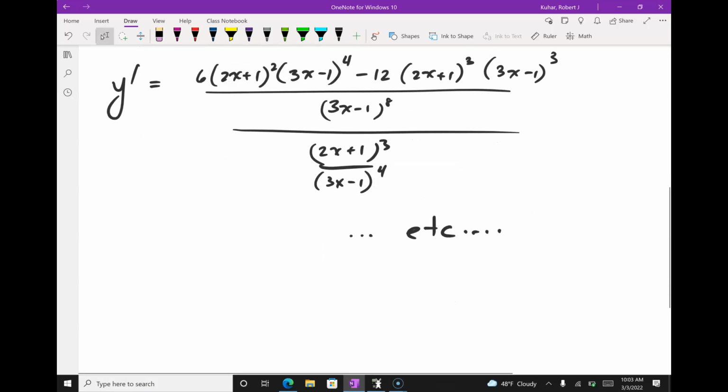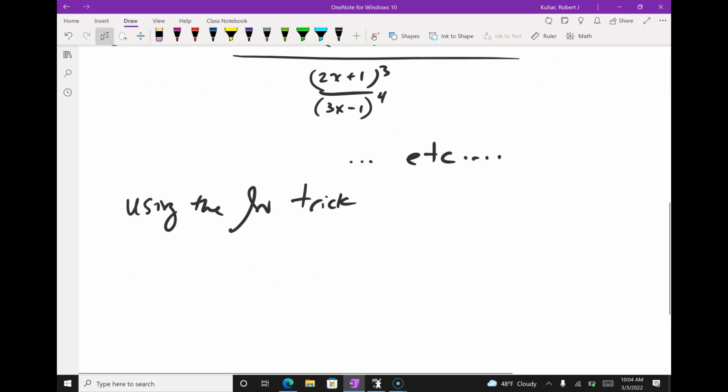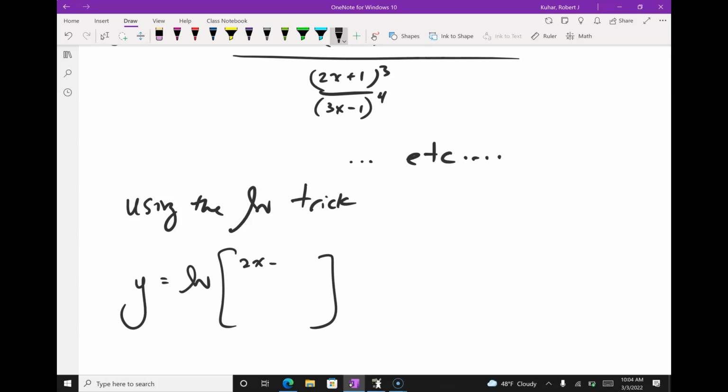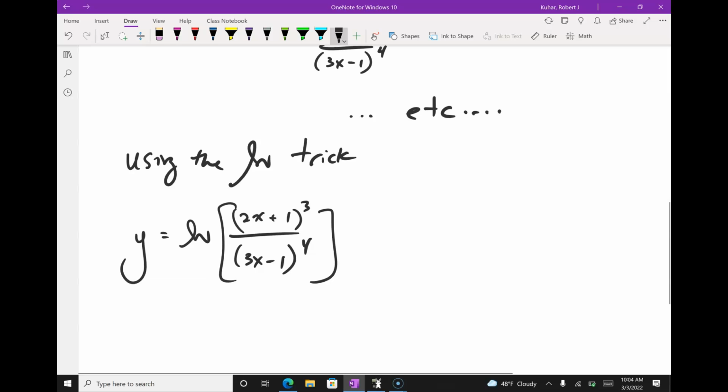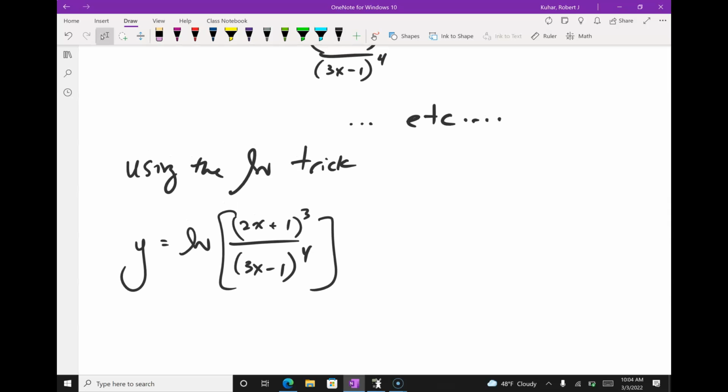All right. Using the ln trick. This is my words. They don't say it in the book, but they still use it. It's just a shortcut way for me to say it. If I look at y as the ln of that horrible fraction, I can use the properties of the logs that I learned in pre-calculus to make this easier to deal with.